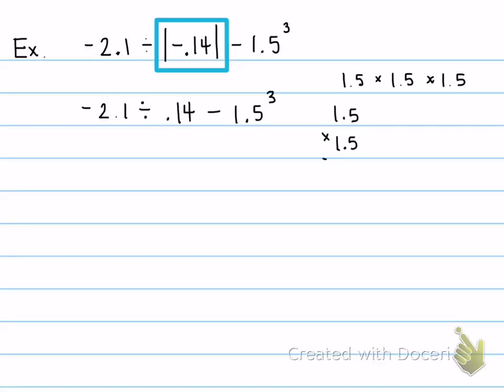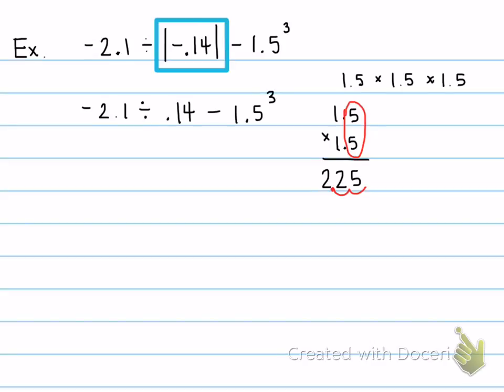It is my opinion that you should have the squared numbers up through 15 memorized because it'll make your lives easier. The squared numbers, the perfect squares, are 1 times 1 is 1, 2 times 2 is 4, 3 times 3 is 9. So in my mind, you should know what 15 times 15 is. 15 times 15 is 225. I shouldn't have to do the long multiplication. So I can do 225 because I know that answer. I see that there's two numbers after the decimal. So I go 2 over and it's 2.25.